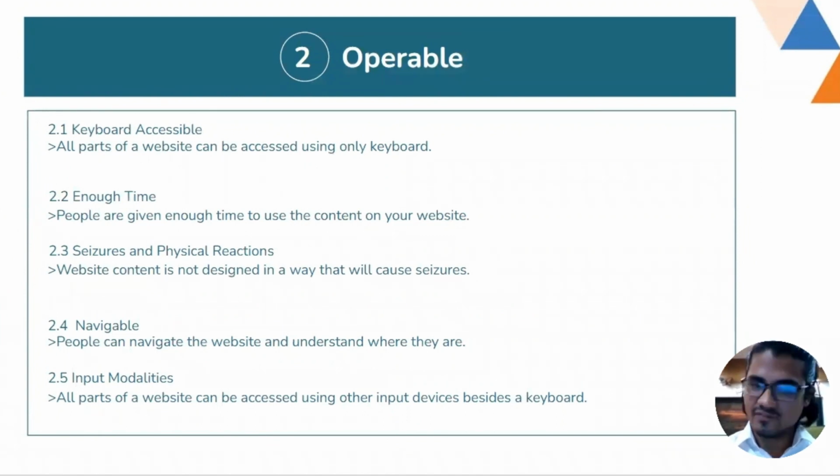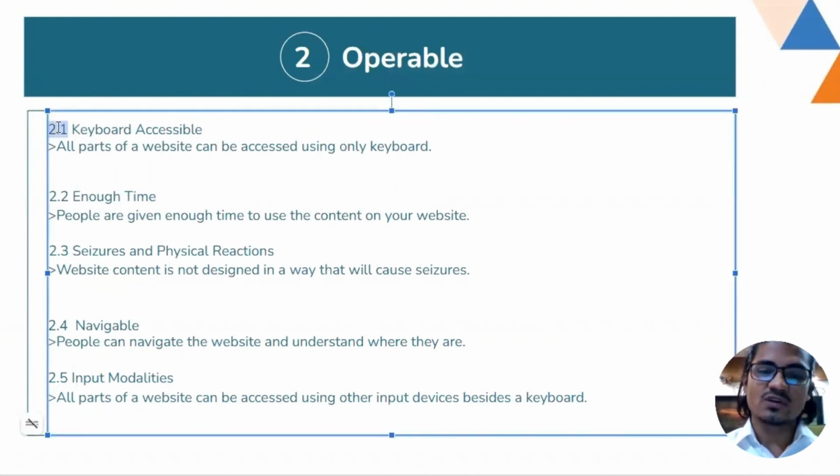The second principle has 5 rules for the AA standard. The first rule for operable is 2.1 keyboard accessible. So what is keyboard accessible? Think of it this way: you don't have a mouse, you don't have a touch screen, you only have a keyboard, and you want to enjoy the full possibilities of your website.